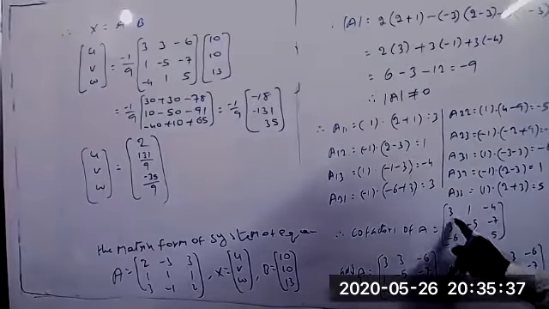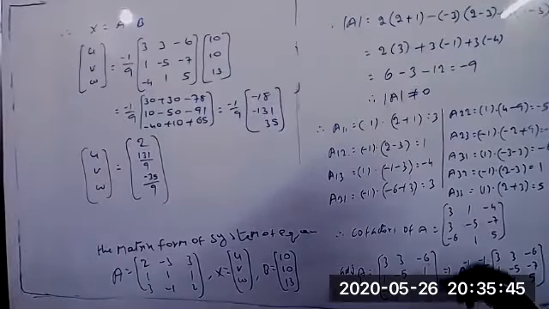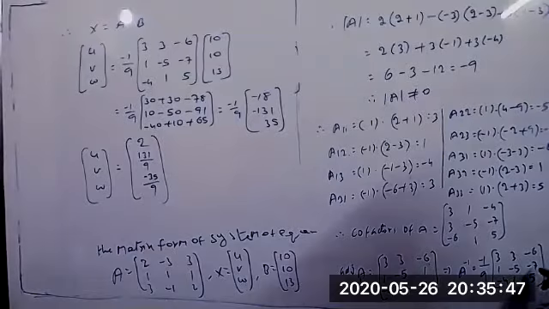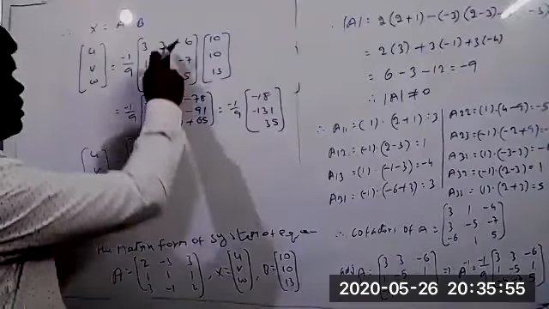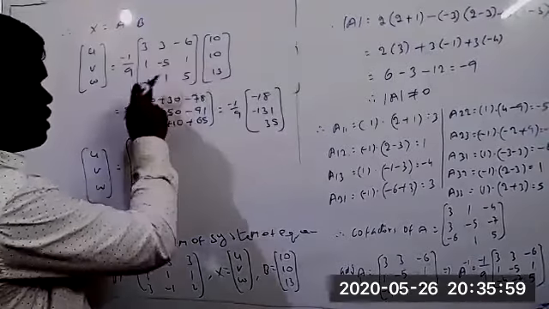Okay. So 3, 3 minus 6, 1 minus 5. This is the 1 minus 4 and minus 7, 5. So 3, 3 minus 6, 1 minus 5, 1. It's correct.